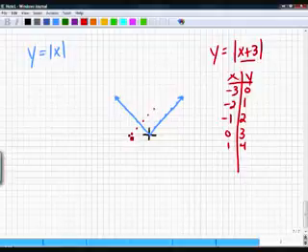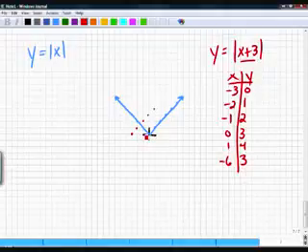Do you think it's going to come up and then go down to give us our V shape, or do you think it's going to come down and then come back up? So what number should we plug in over here? I plugged in negative 3 and got 0. Plugged in negative 2. Okay, we'll try negative 6. Negative 6 plus 3 is negative 3. Absolute value is positive 3.